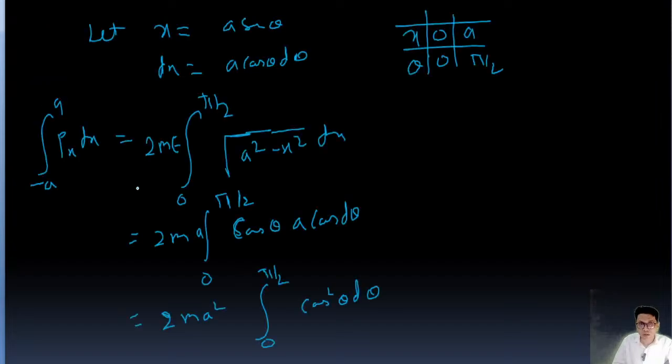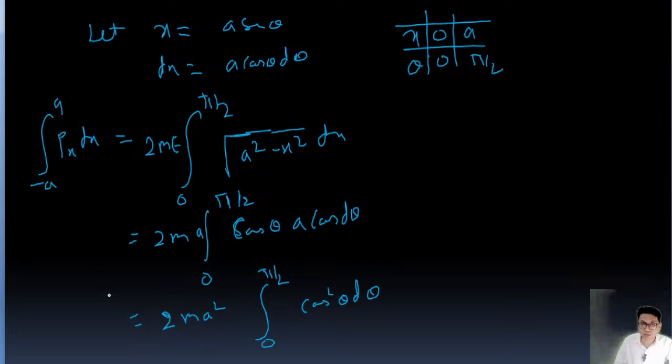So the integral from minus a to a of px dx is going to be this value, 2m a square. Here 2m omega also we will take common, so this is 2m omega a square, and we put the value of a.